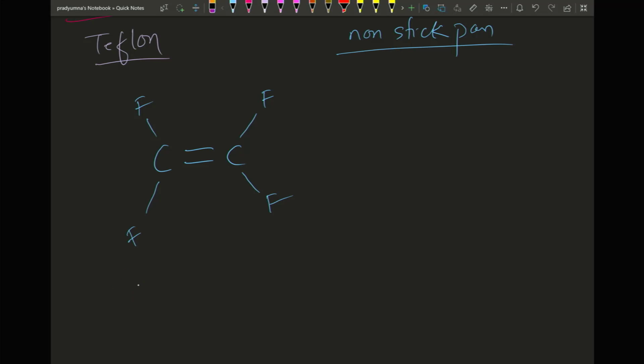The parent name is ethene, and it is replaced by 4-fluoro. So it's called tetrafluoroethene. E should be a small letter because it's one word, E-T-H-E-N-E, tetrafluoroethene. So what should be the polymer of tetrafluoroethene?